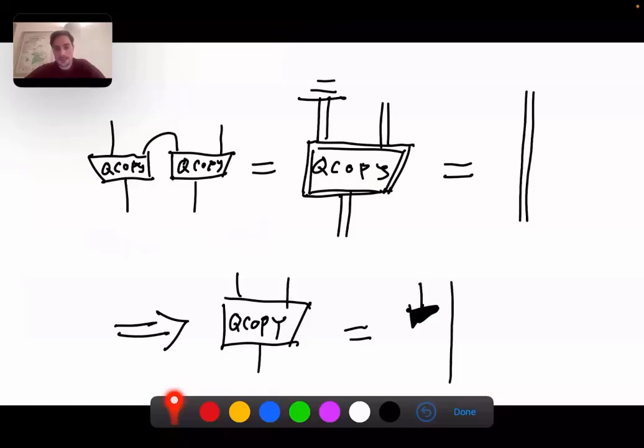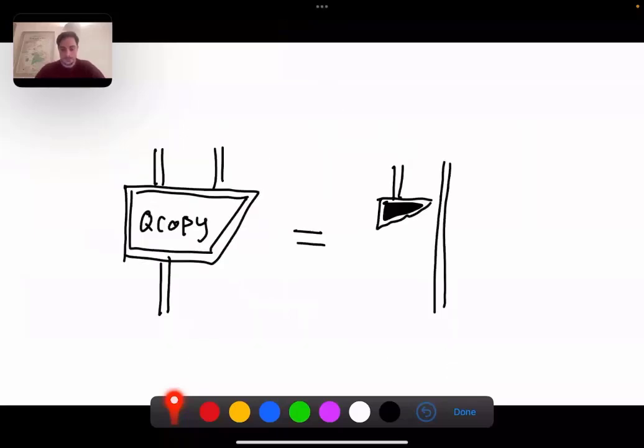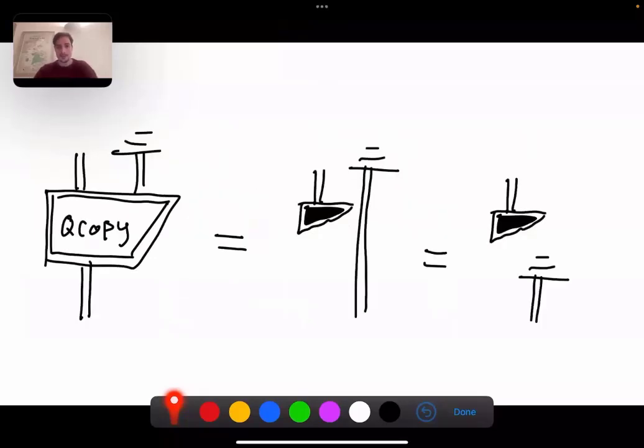Because otherwise it would not be possible that this gets you the identity. And again, this implies that the quantum copy is already disconnected, which is a contradiction because it's then not going to copy. So what this is saying is, if it satisfies this discarding for one of its wires, it is definitely not going to satisfy it for the other wire.